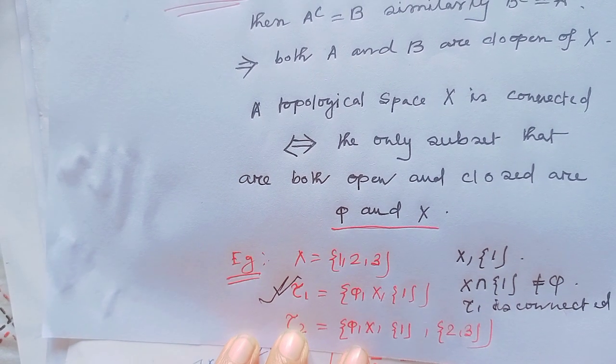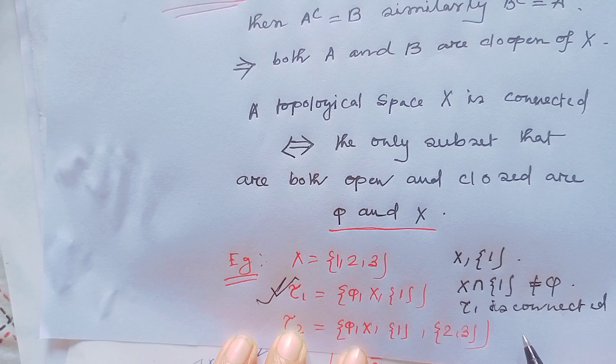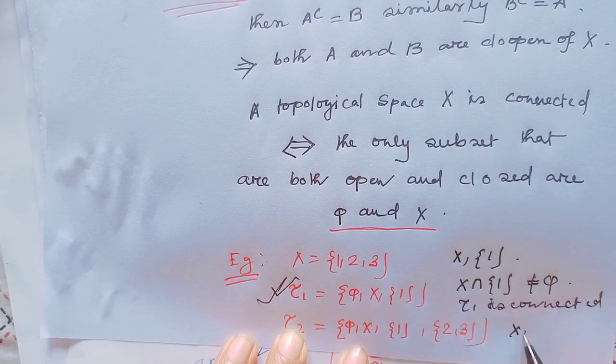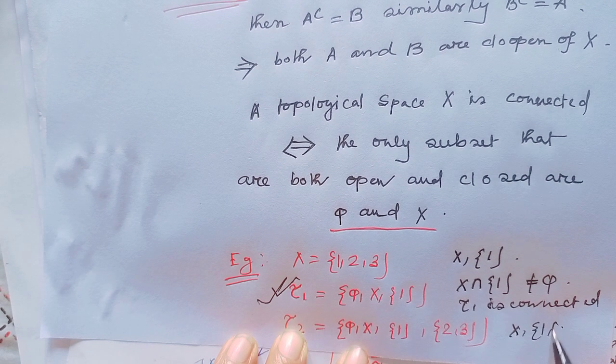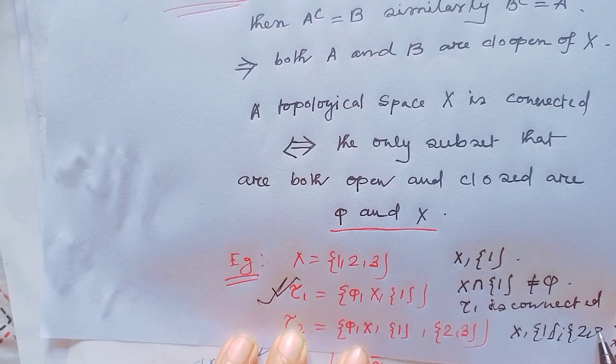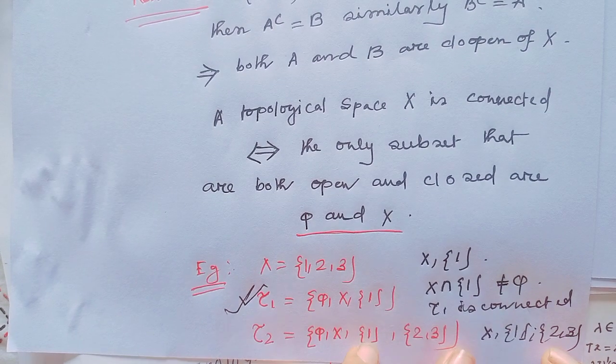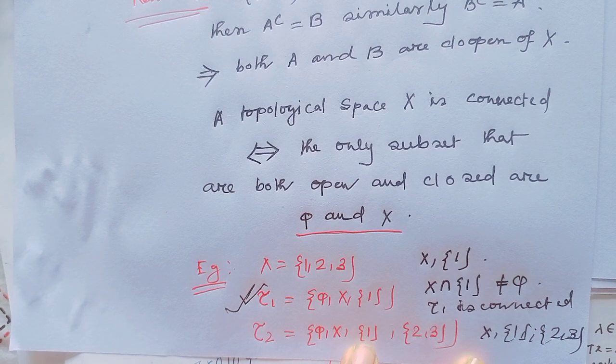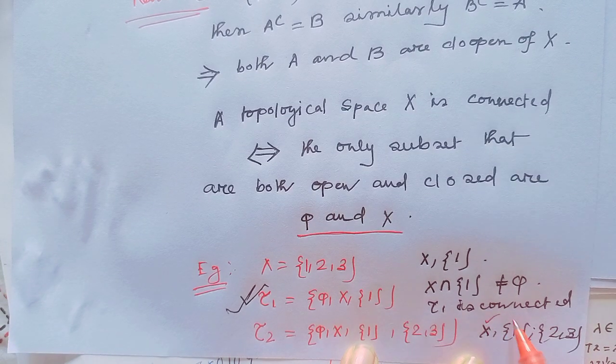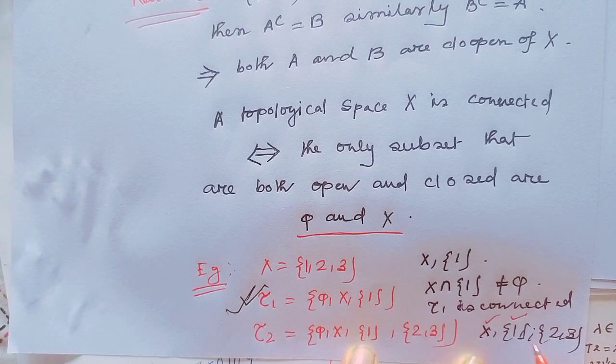And for tau 2, the non-empty open sets are X, {1} and {2, 3}. The open sets X and {1}, X and {2, 3} are not disjoint.